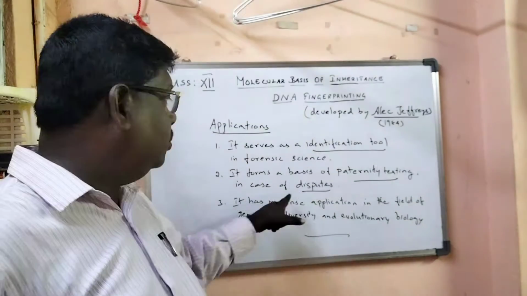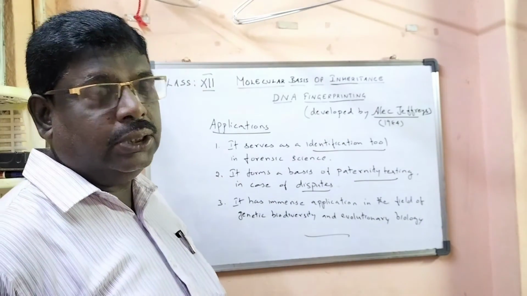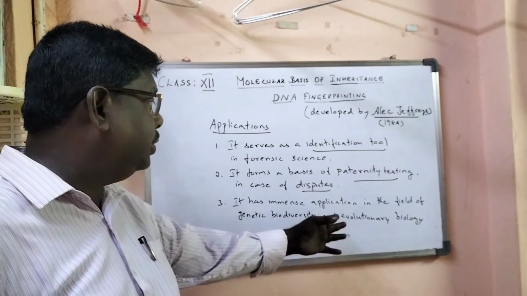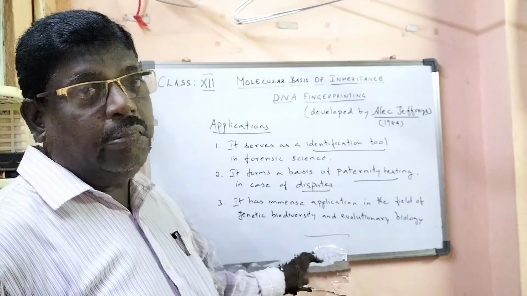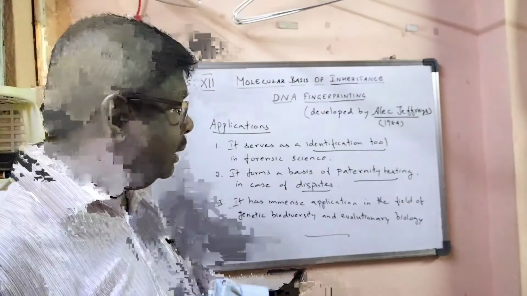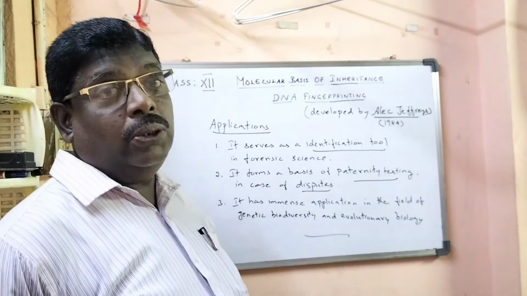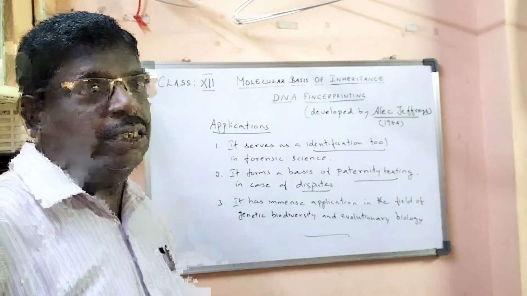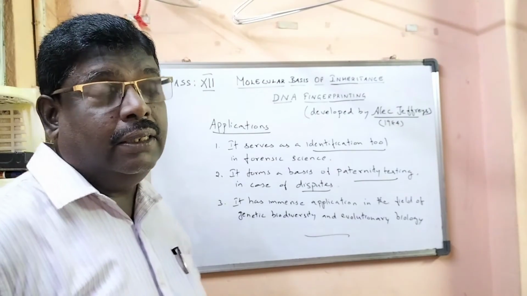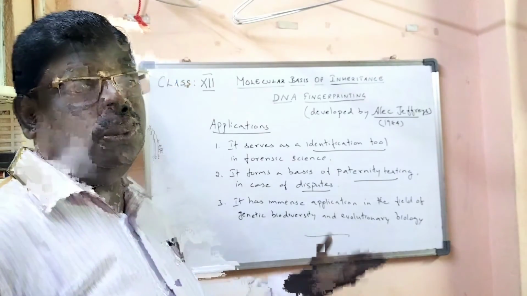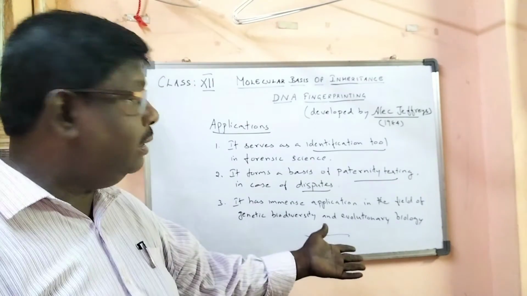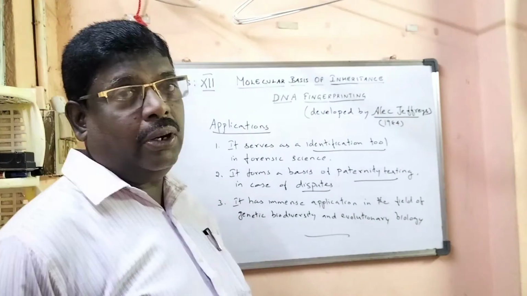Third, it has immense application in the field of genetic biodiversity to determine the populations, and in evolutionary biology. Because as we study, inheritable mutation leads to speciation and variation, and these things result in evolutionary biology.